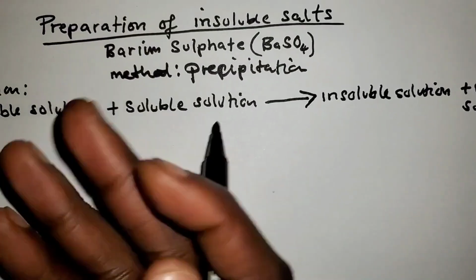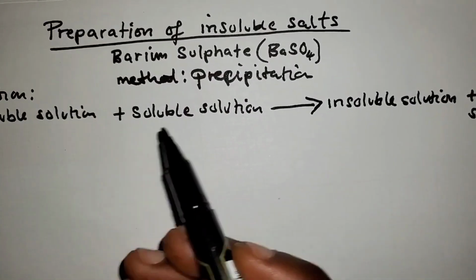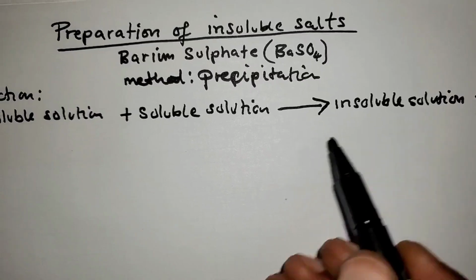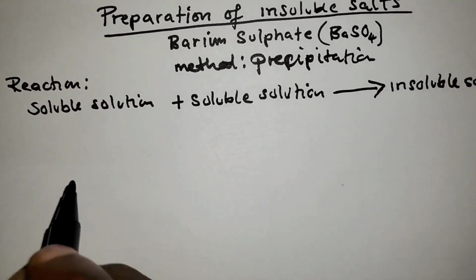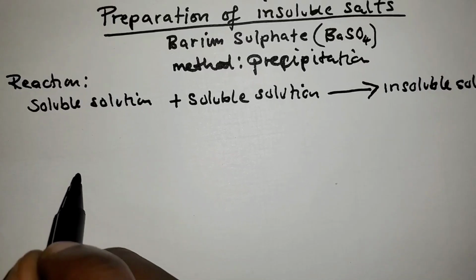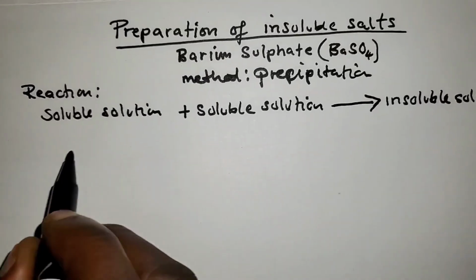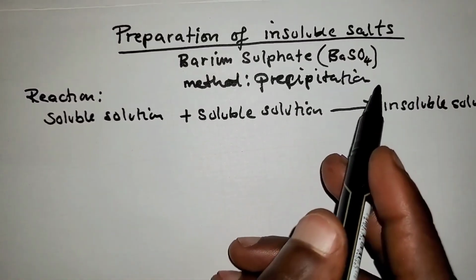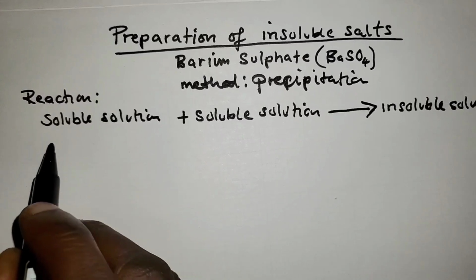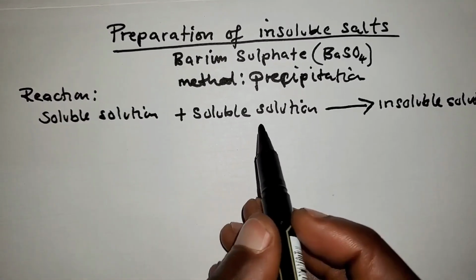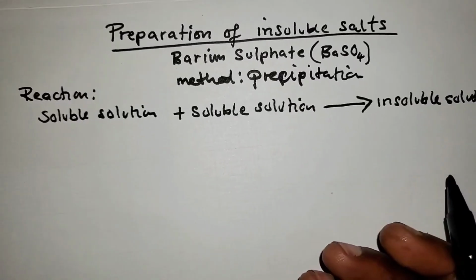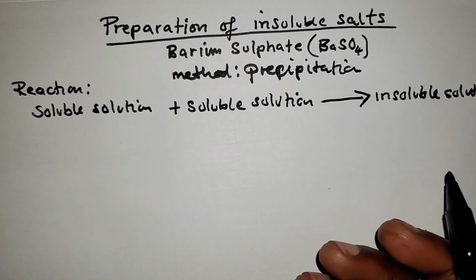So you have 3 soluble solutions and 1 insoluble. Mostly when preparing barium sulfate or an insoluble salt, a nitrate solution is there, and a sodium solution also is supposed to be there.